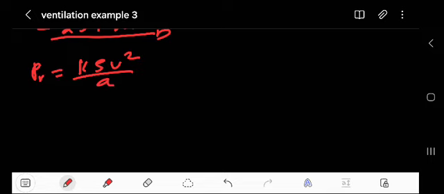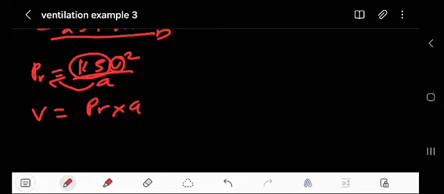So for all these 3 branches, we know our formula: PR equals K S V squared over A. Let me make V the subject. If you make V the subject, you multiply there, then it will be PR multiplied by A, then divide by KS.